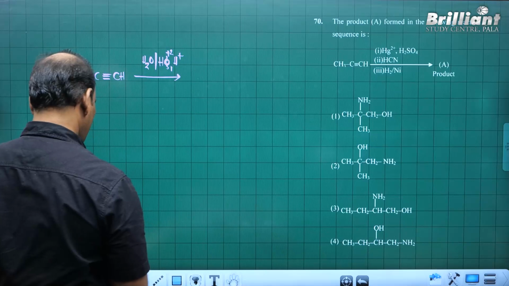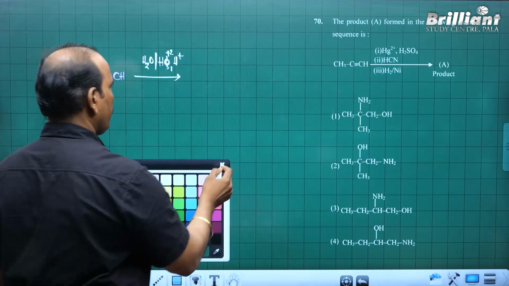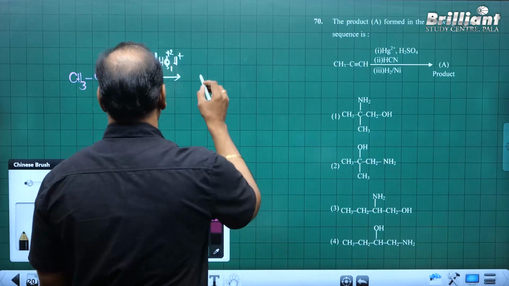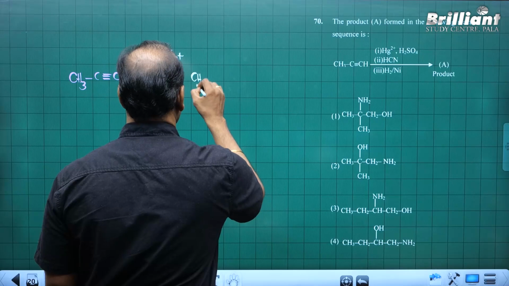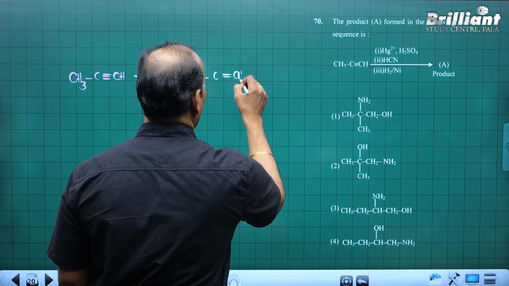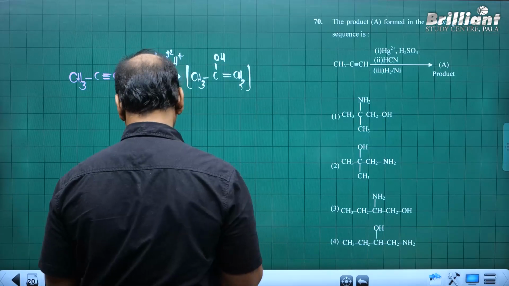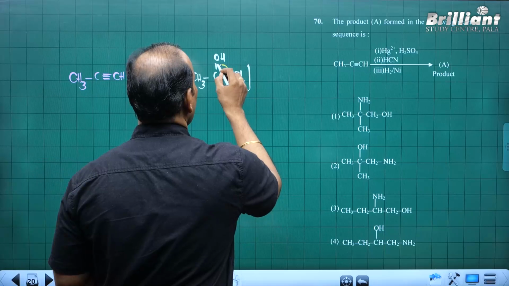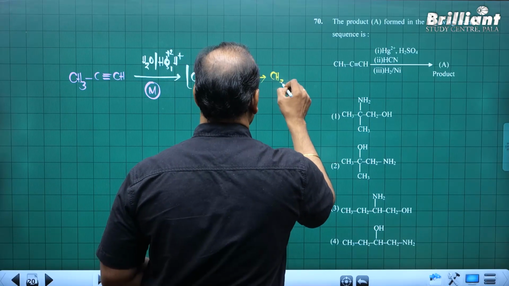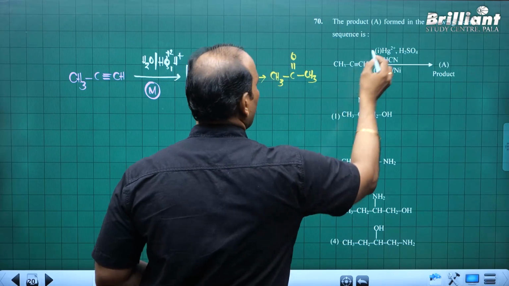Okay, this is hydration. Then it follows Markovnikov rule. This is CH3, then a double bond CH2, this is OH, enol form. It is involved in tautomerism. Then CH3 C double bond O CH3, acetone. This is the first product.